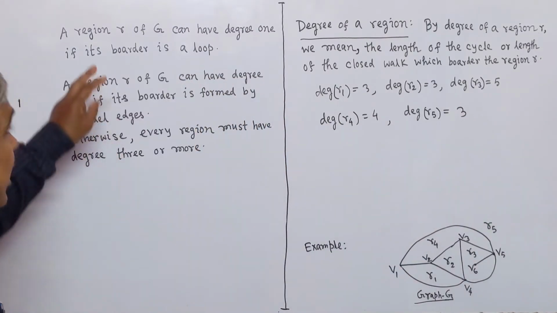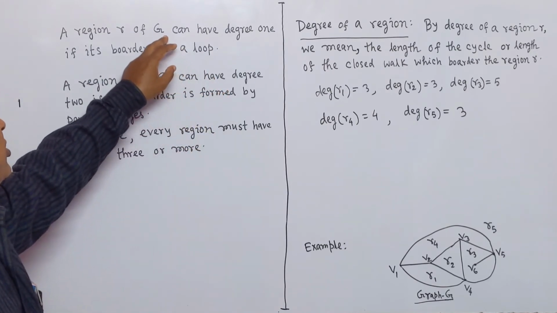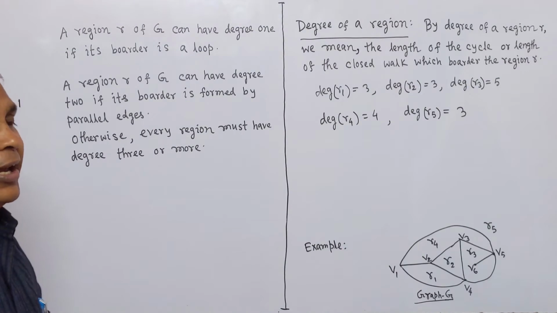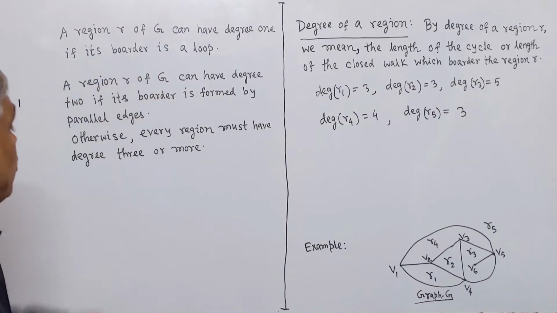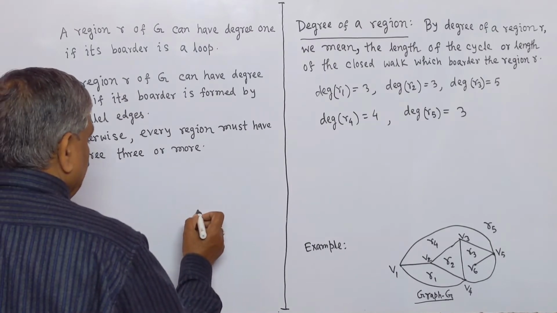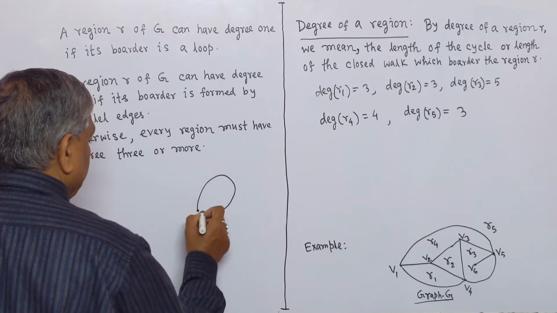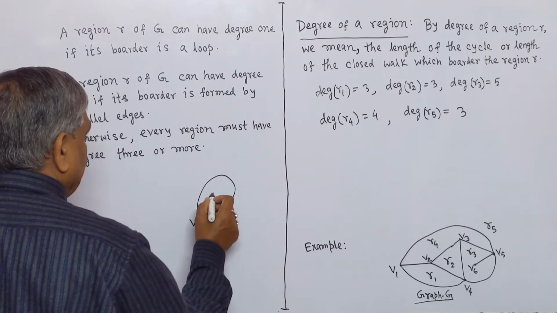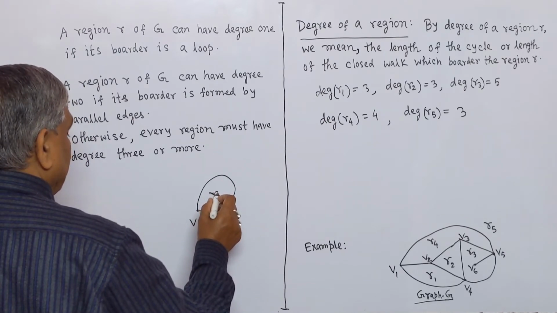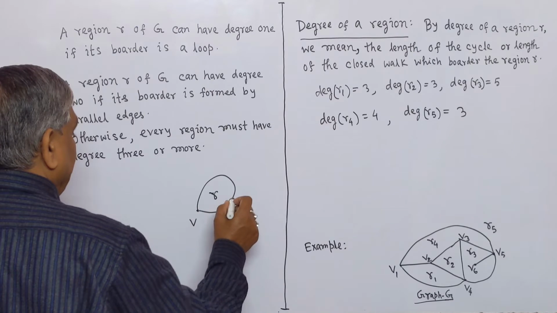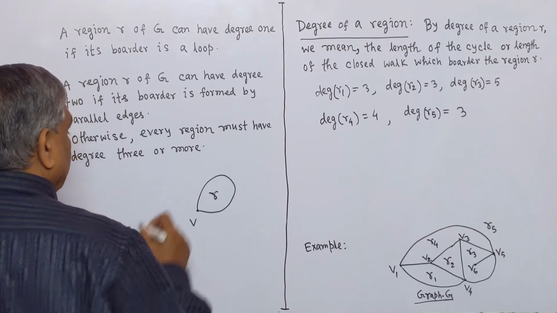A region R of planar graph G can have degree 1 if its border is a loop. If this is vertex V and this is a loop, here the region is R. This region R is formed by one edge in the border.